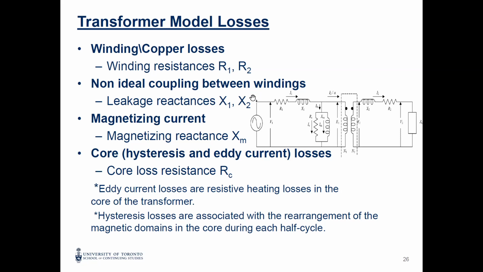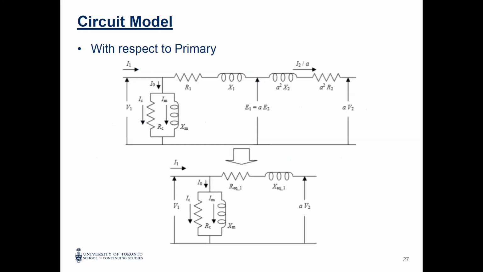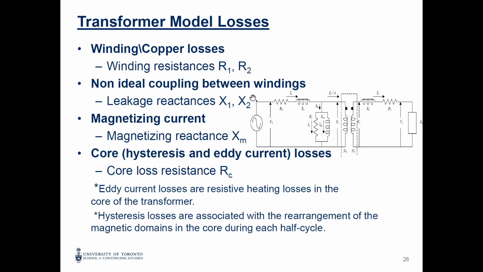We are going to make some approximation. To start the approximation, we said the no load current, we call it no load because if you don't put any load, still the current will flow, I naught. No load current is very, very small.